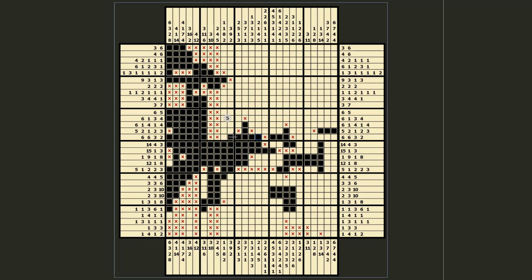So this is the 3, that's the 6. I really, really don't like having to guess. I think it's just very satisfying if I don't have to. So this is a 2, it's a 1, that's a 2. That's at least a 4, it's a 1.